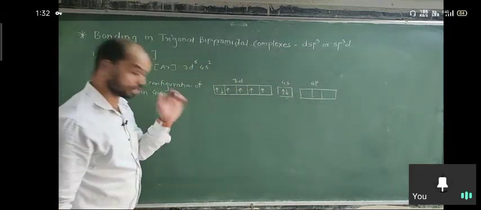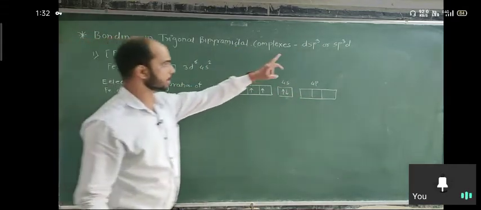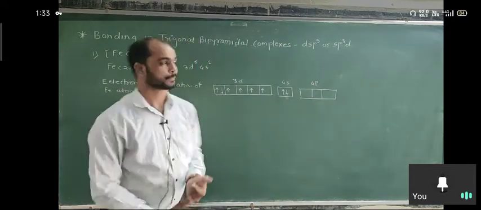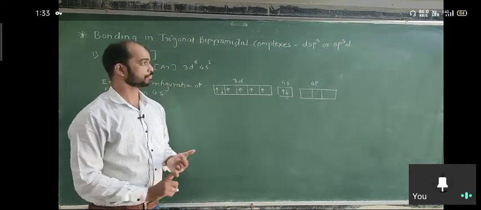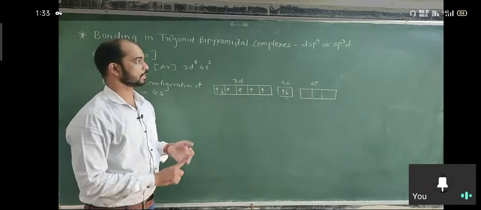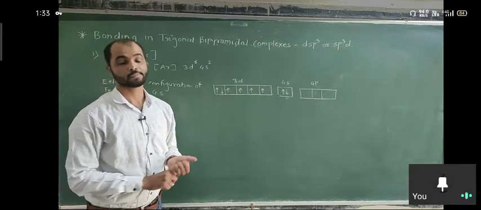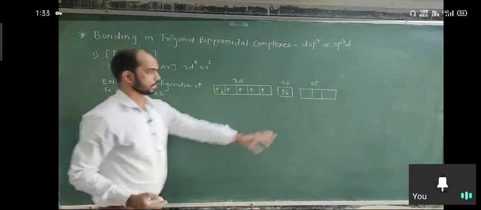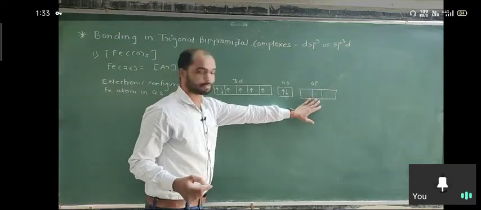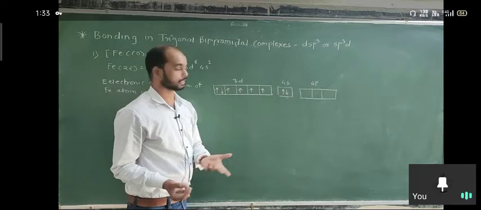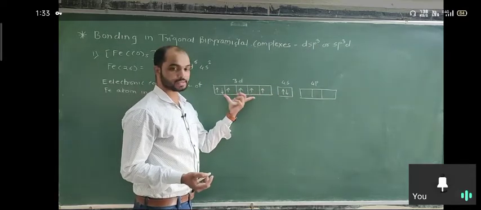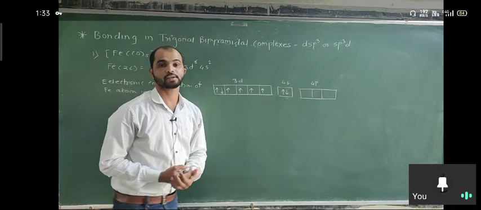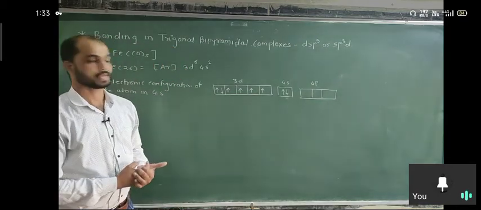To form this complex and for this hybridization we need 1 d orbital empty, 1 s orbital empty and 3 empty p orbitals. But in the ground state only the 3 p orbitals are completely empty, 4s is filled, and the 3d orbitals have 4 unpaired electrons.